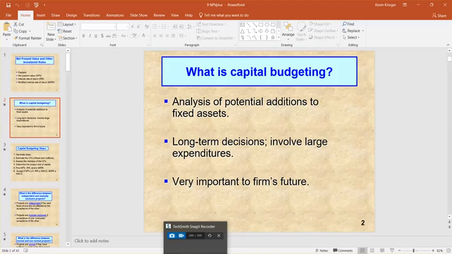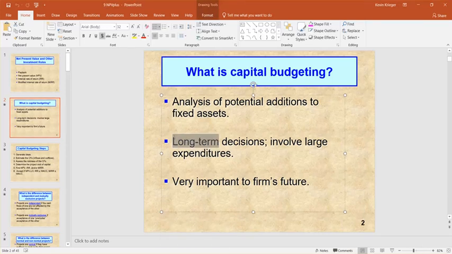And so we're not talking about something that's all wrapped up within 1 year. So one thing to write down or keep in mind is when we say long-term here, we're basically saying more than a year. In capital budgeting, we're dealing with cash flows that are expected to extend past just a year.